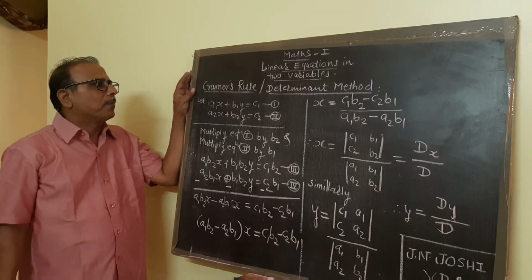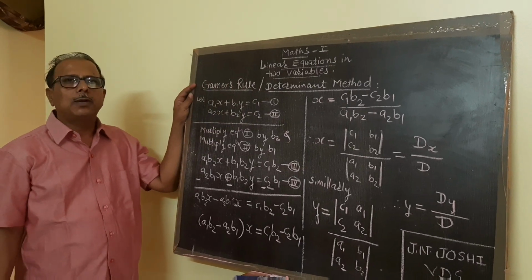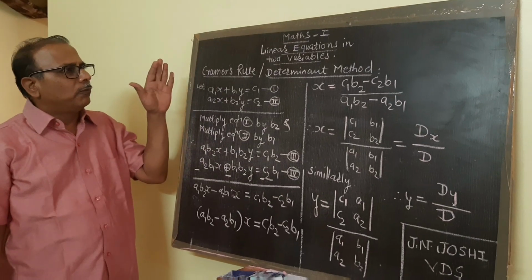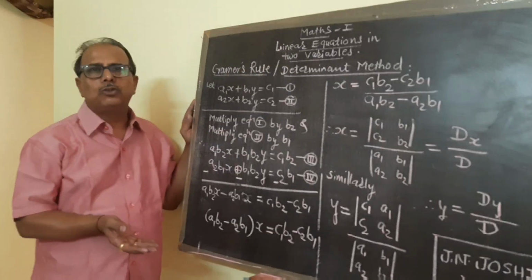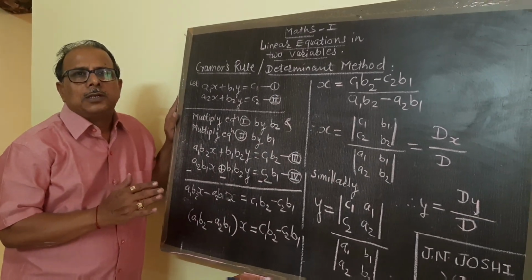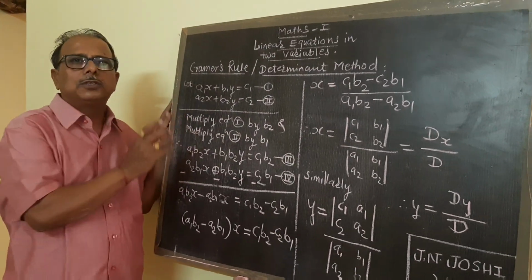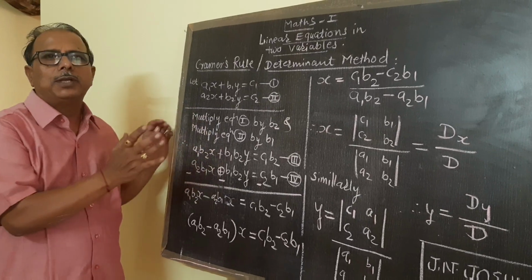We will see how determinants are useful to solve simultaneous equations in Cramer's rule. When we use determinants, it is very easy to find the solution of simultaneous equations by Cramer's rule. The Swiss mathematician Gabriel Cramer first developed this method.